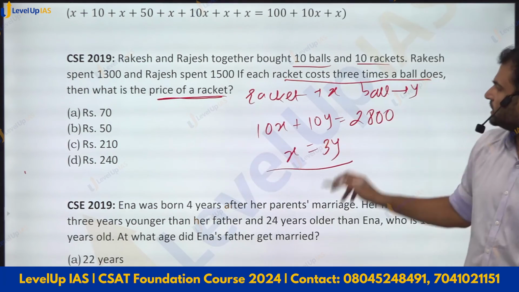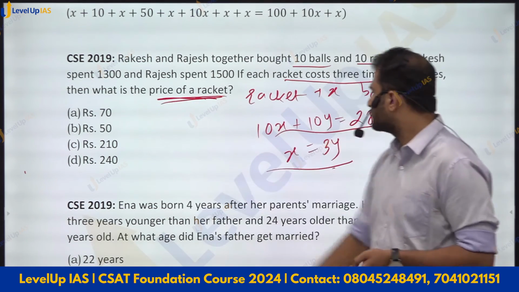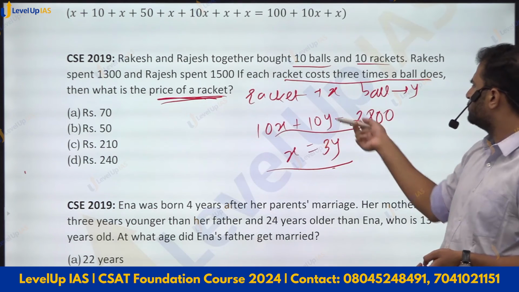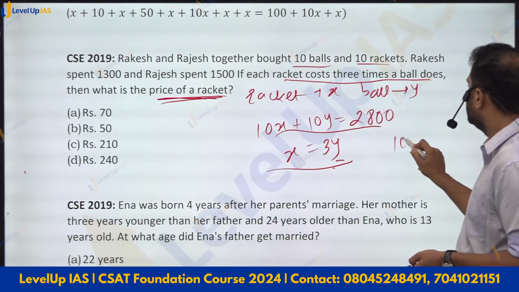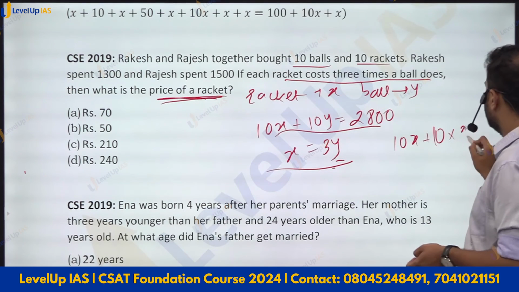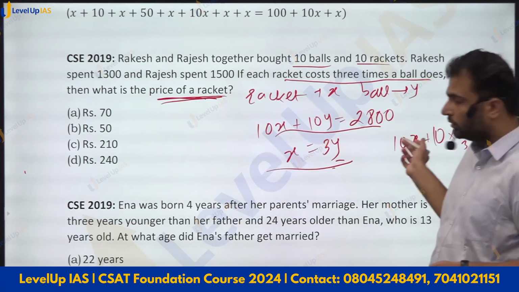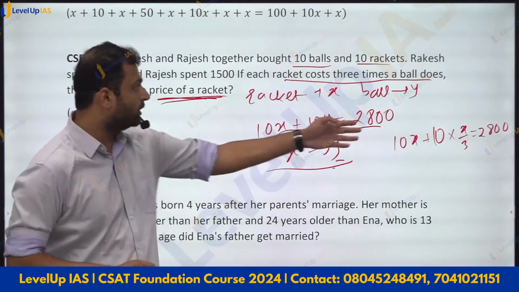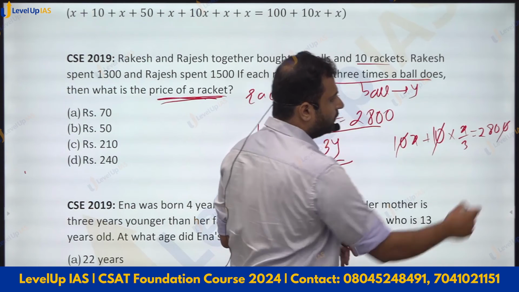We have two equations. This is one equation, this is the second equation. We can solve. We have to find out x. Okay, so let us put the value of y from here into this equation. So we have 10x plus 10 into y, which is x by 3, is equal to 2800. So we have an equation in x that should give us the value of x. Here you can firstly cancel 10 from both sides.